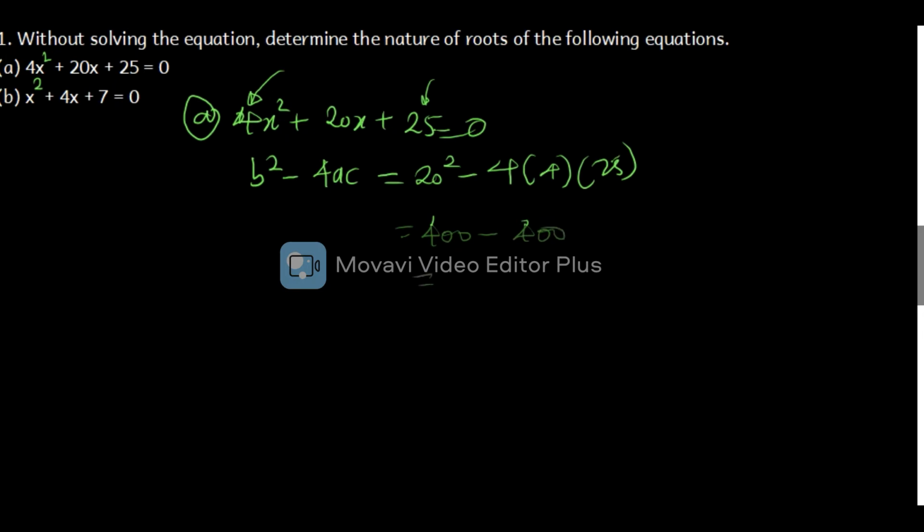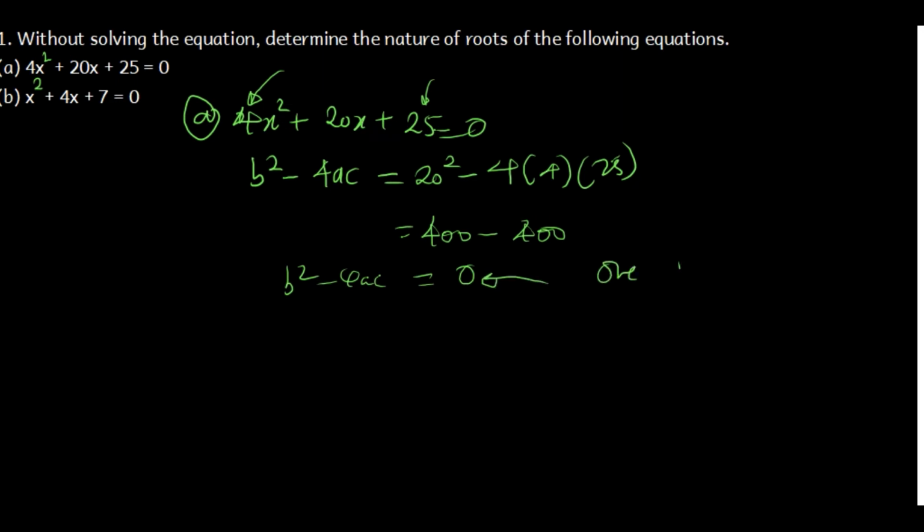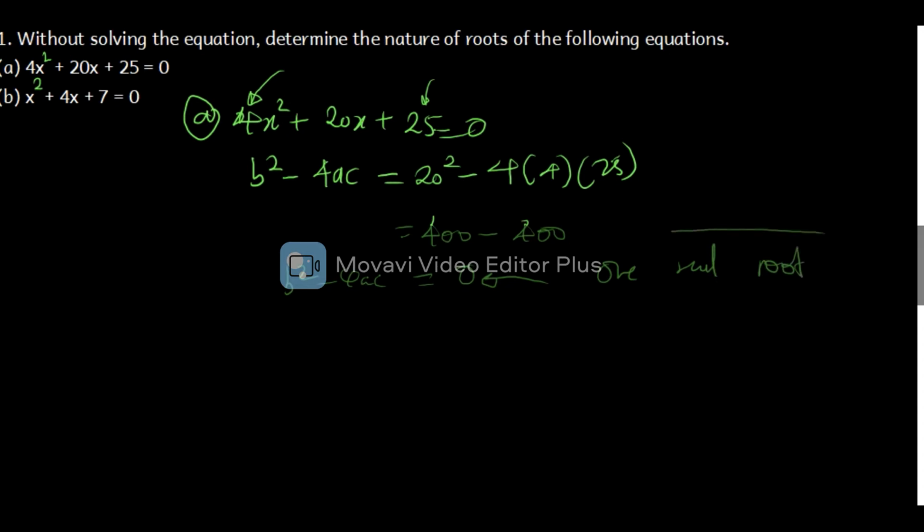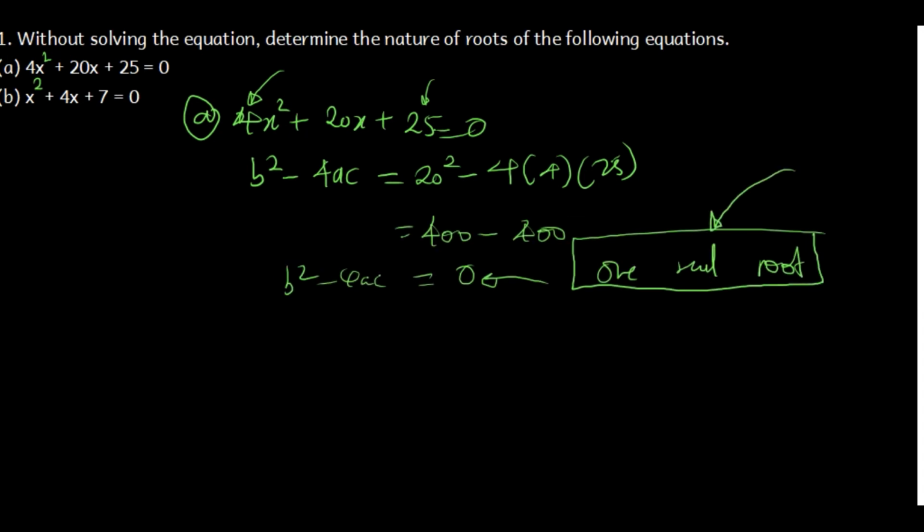Now 400 minus 400 is 0. So we have found that b squared minus 4ac is equal to 0. When b squared minus 4ac gives us 0, then we have one real root or two equal real roots. Those equal roots are real. So that's the nature of the first one.